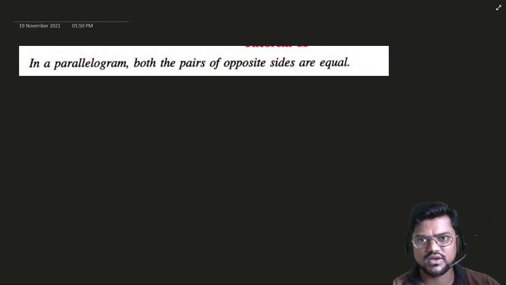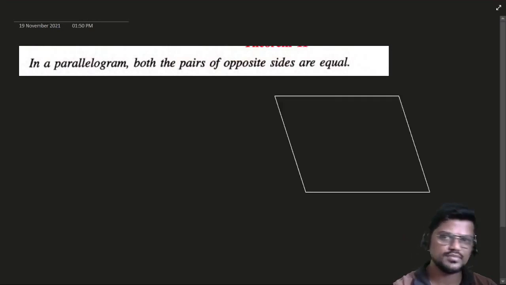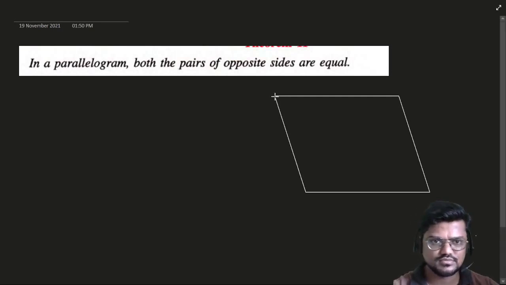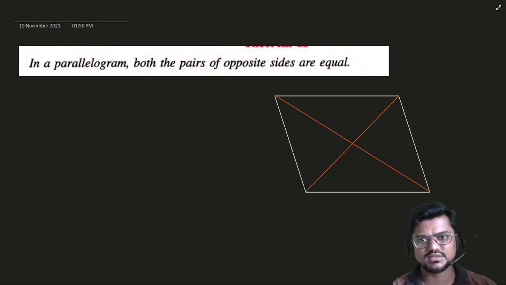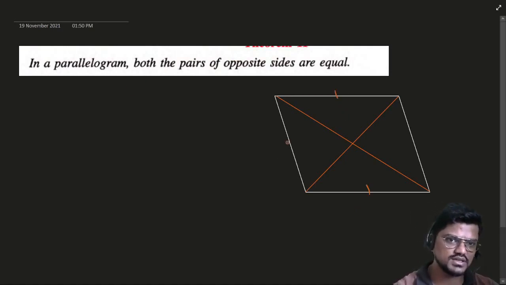Because if I draw any parallelogram, and if I draw the diagonals also, these are my diagonals. Both pairs of opposite sides are equal. That means this side is equal to this side and this side is equal to this side. That's what we need to prove.